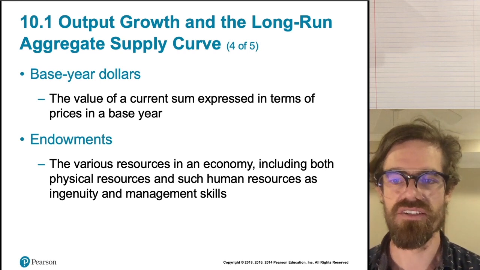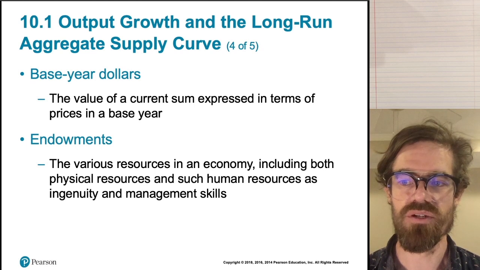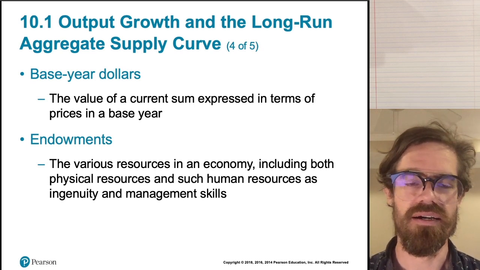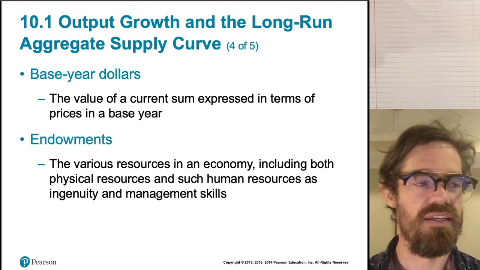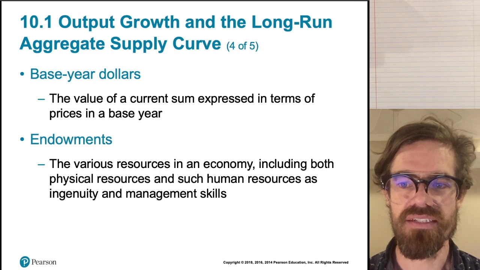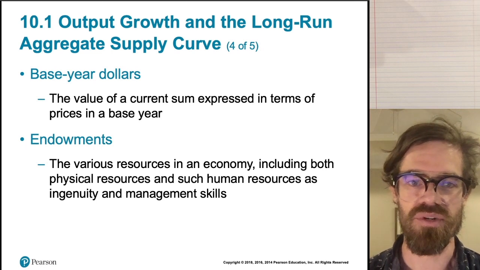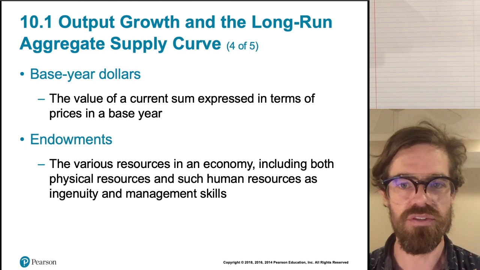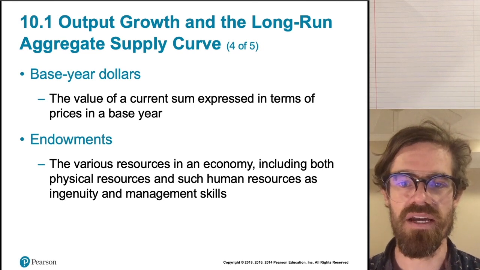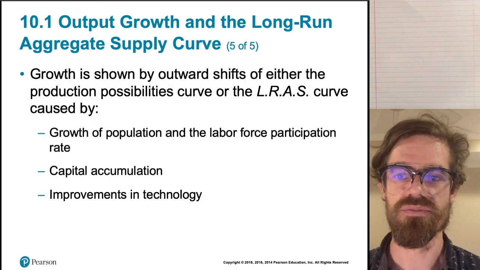It's basically just the various resources that an economy has at its disposal, and it includes both physical resources like machines and equipment and factories, but it also includes human resources like ingenuity and management skills. Things that are learned, that aren't tangible, they're up here in our brains. So that's what we mean by endowments. It's just the resources that an economy has at its disposal.